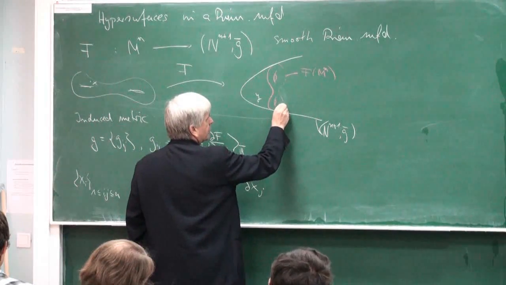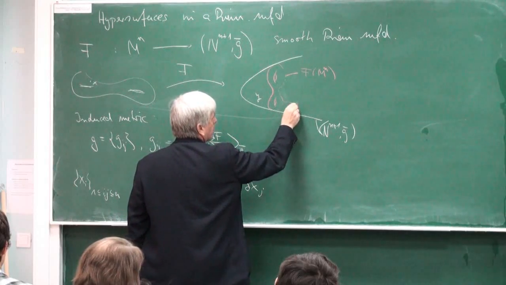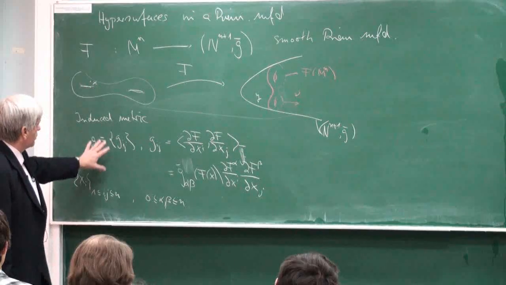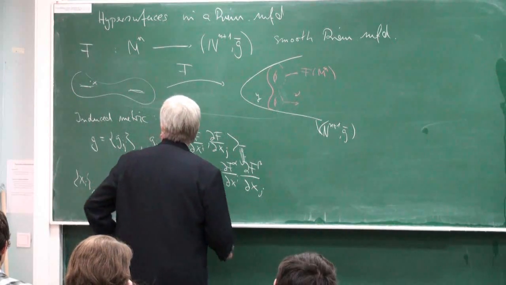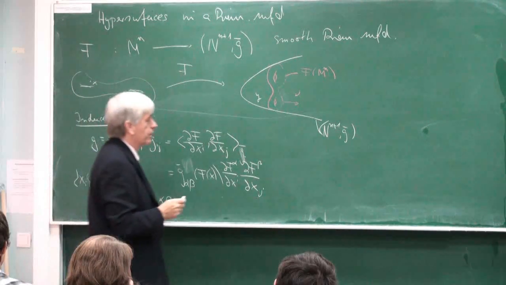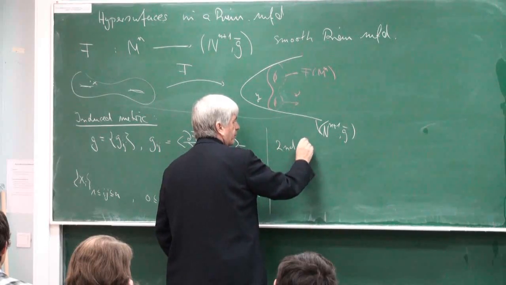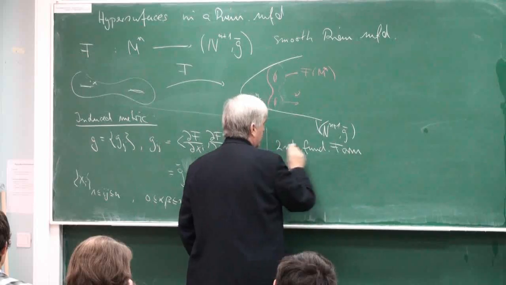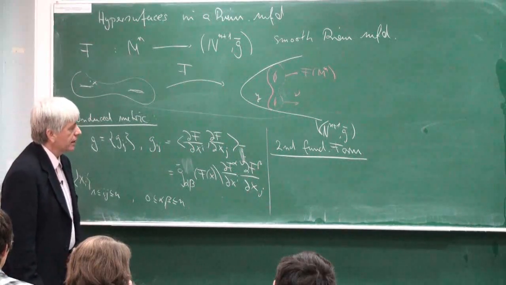This hypersurface will have a unit normal, nu, and then you have an induced metric. If you have the unit normal, the second important structure you need for such a hypersurface is the second fundamental form, which is the curvature of the hypersurface in the surrounding manifold.